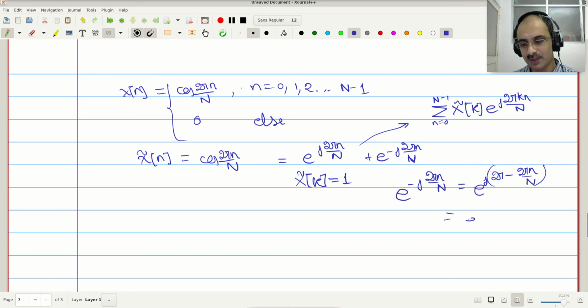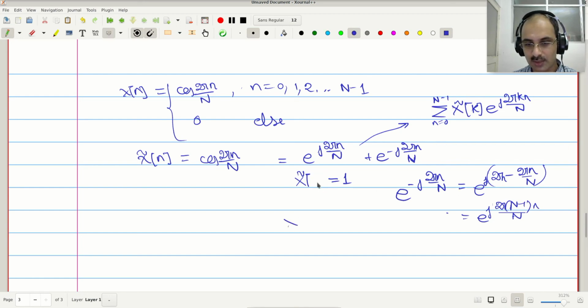So this gives me e power j 2 pi n minus 2 pi, which is 2 pi into N minus 1 into n by N. Which means that this corresponds to x tilde of N minus 1.